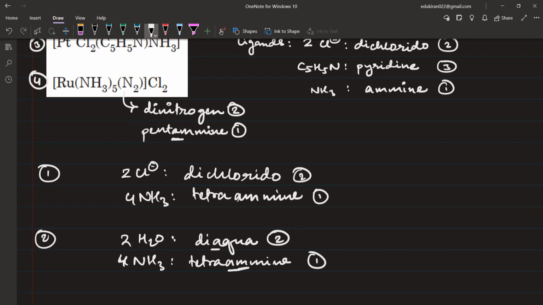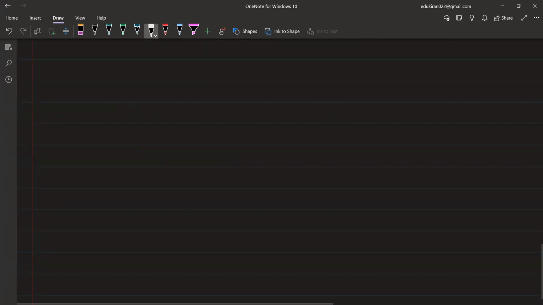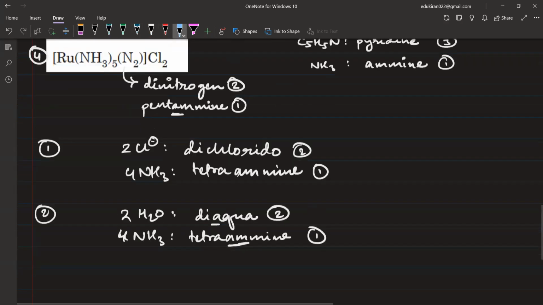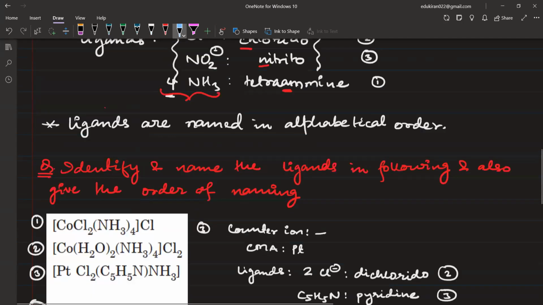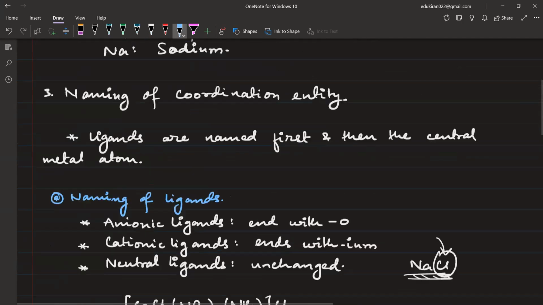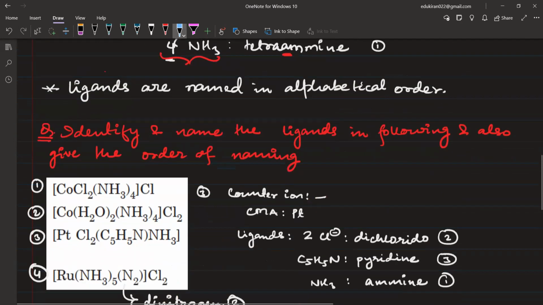Write the third thing that you want to learn in naming of ligands: the numerical prefixes to indicate the number of ligands. Please write next. This is the naming of ligands. Ligands के naming में क्या है?